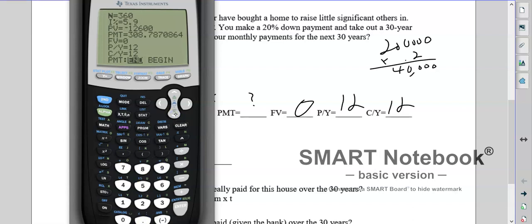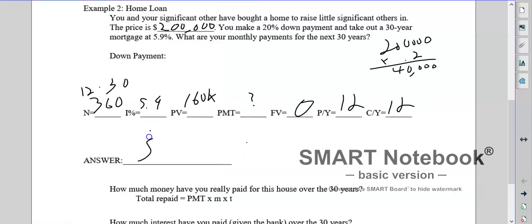Present value is the 160,000. If I can get my calculator to work. And everything stays the same, so I'm going to hit alpha solve right here. And there's my payment, $949.02. The 8 rounds the 1 up. $949.02.